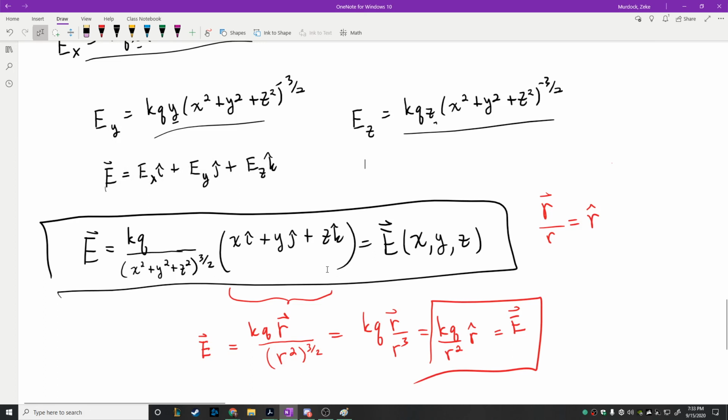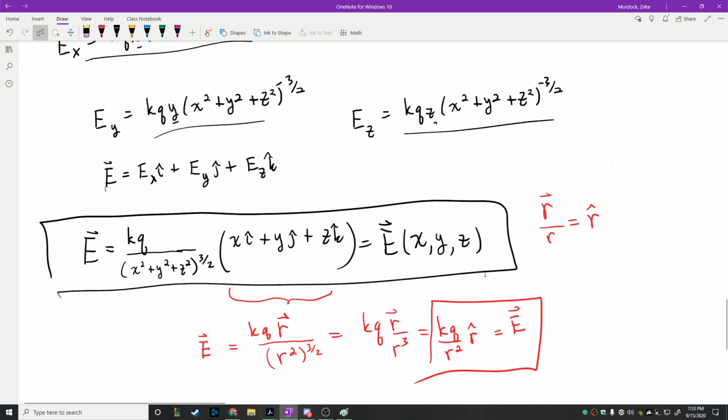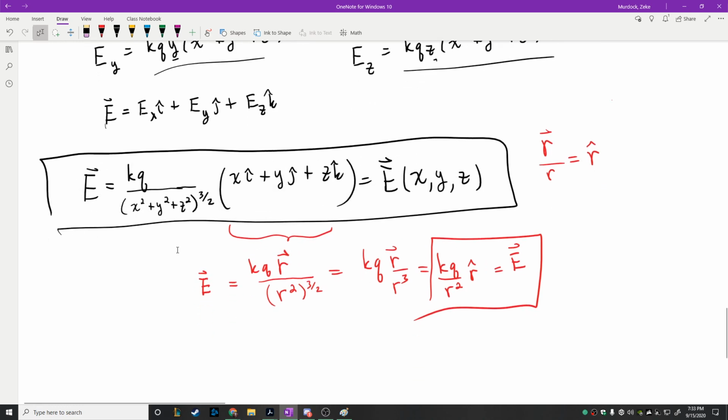Maybe it wouldn't be that hard, but I think it's kind of cool that we can write it in multiple ways. You can write it like this. It's long and complicated, but maybe it's useful in certain situations, or you can just write it like this. Different versions are going to be useful in different positions, right? Like if you're coding some program and you need to code electric field into it, or gravitational field, or anything else like that, it may be easier to code it in with x, y, and z components as opposed to coding it in with r components.